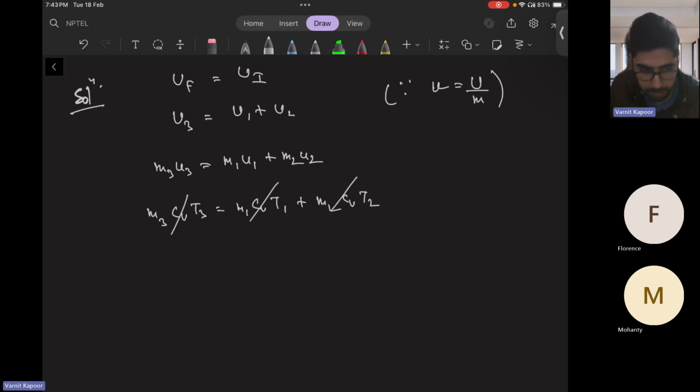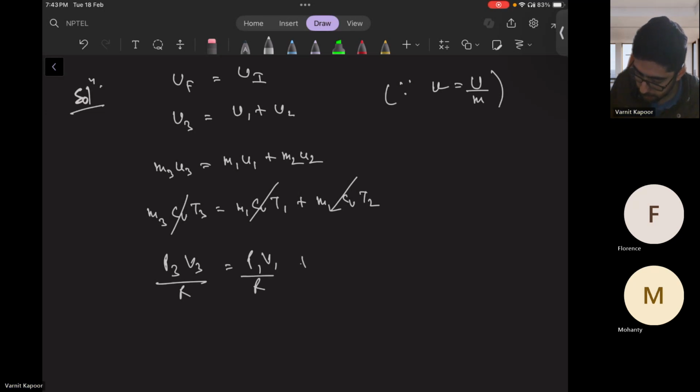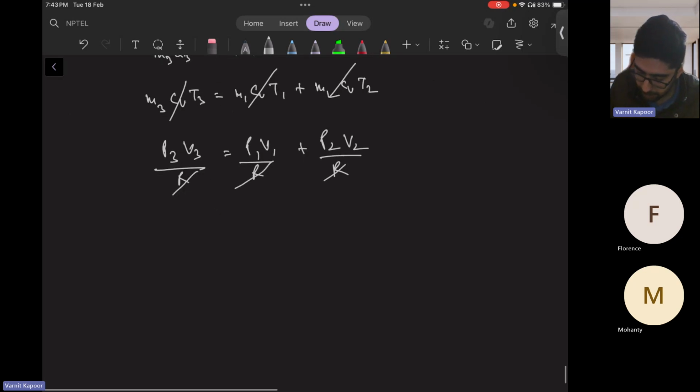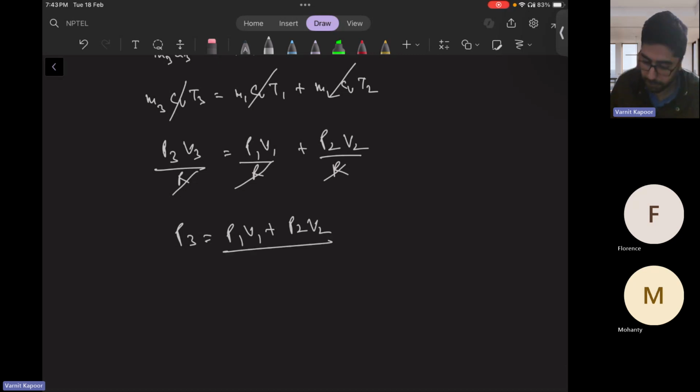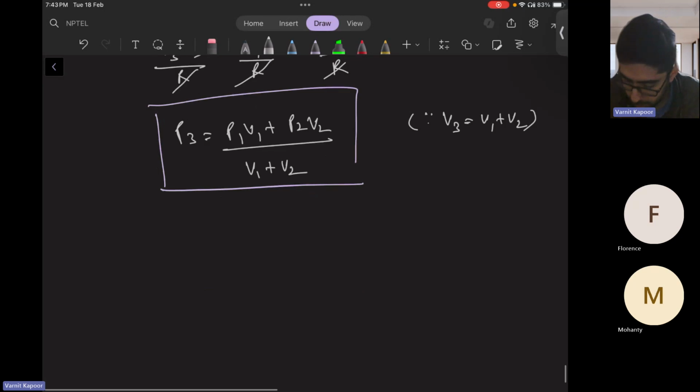So M3 T3 is nothing but P3 V3 by R, equal to P1 V1 by R plus P2 V2 by R. This R is also going to cancel out. So P3 is nothing but P1 V1 plus P2 V2 by V3, and V3 is the sum of V1 plus V2, since final volume is sum of initial volumes. You got the pressure expression, that is P3. Now use the mass conservation.